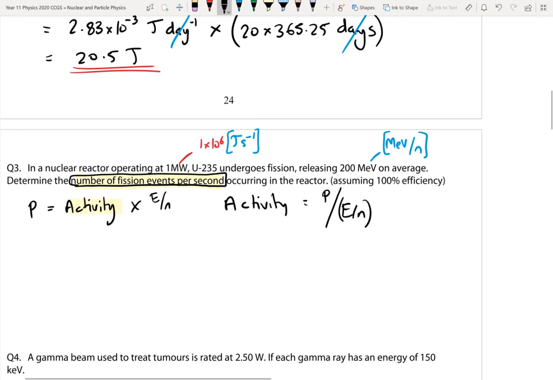Hold on. We need to do our conversions. So let's convert our joule. It doesn't matter which one you do. You can convert joules to MeV or MeVs to joules. You will see that they cancel if they're the same. So maybe I'll draw a big fat line down the middle. Let's do both.